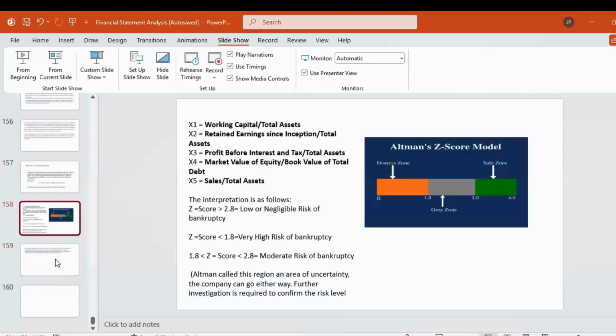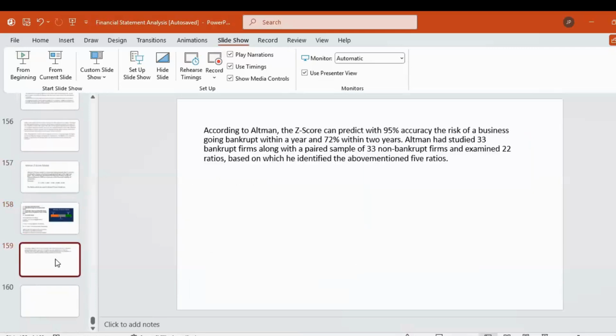Mainly the same limitation again, that the context of the business is different because it was done on American companies. So some sort of contextual differences might arise when you are analyzing.